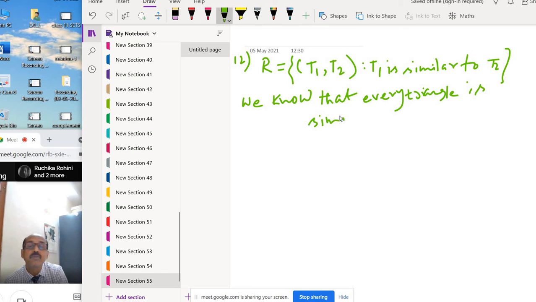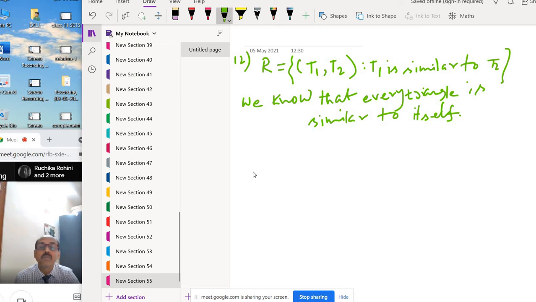Okay, similar to itself. That means (T1, T1) belongs to R, (T2, T2) belongs to R, (T3, T3) belongs to R. That means (A, A) belongs to R.